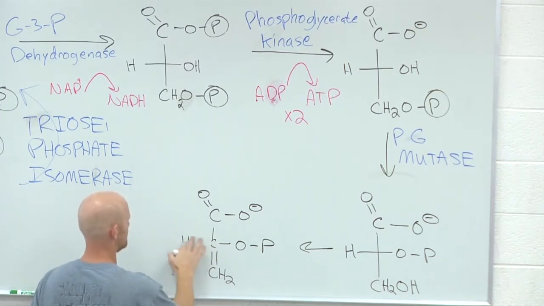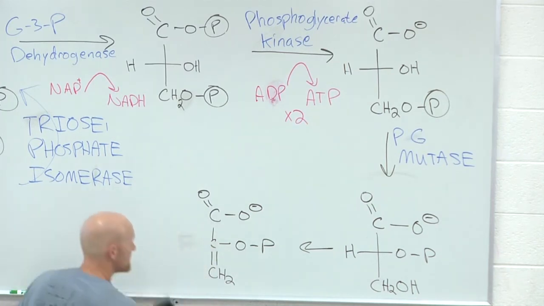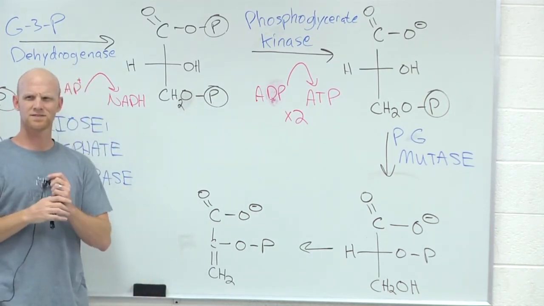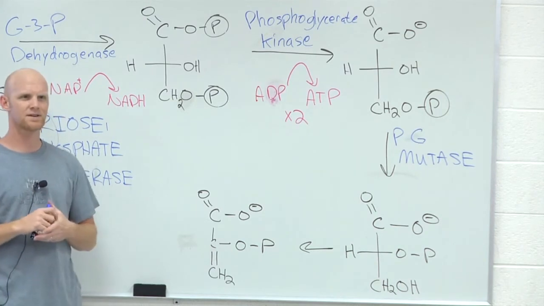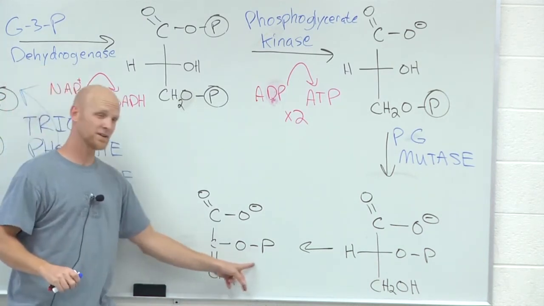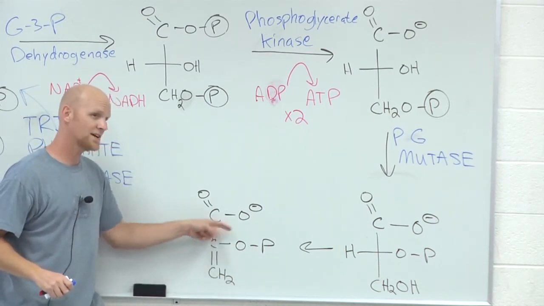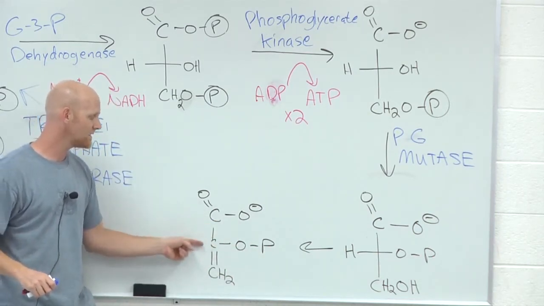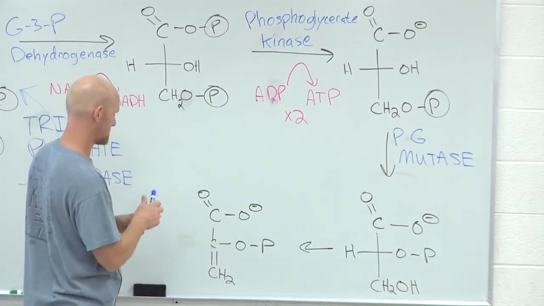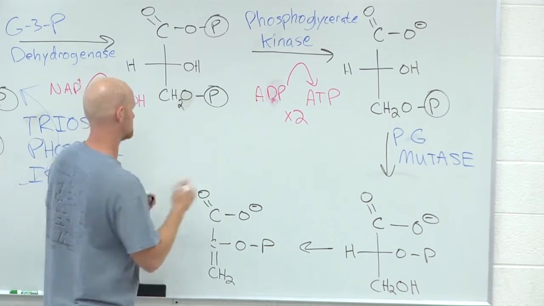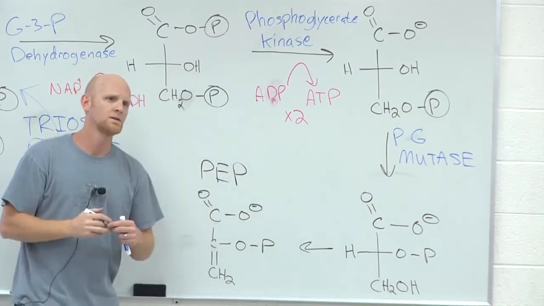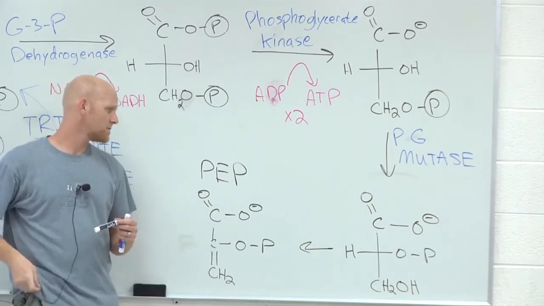Does this thing look like an enol? I told you it was an alkene and an alcohol from the same carbon. I don't even see an alcohol on this thing. Why don't I see an alcohol? It's phosphorylated, but that right there, that's your enol. The same carbon is both an alkene and an alcohol. Cool, this is your phosphoenol pyruvate.